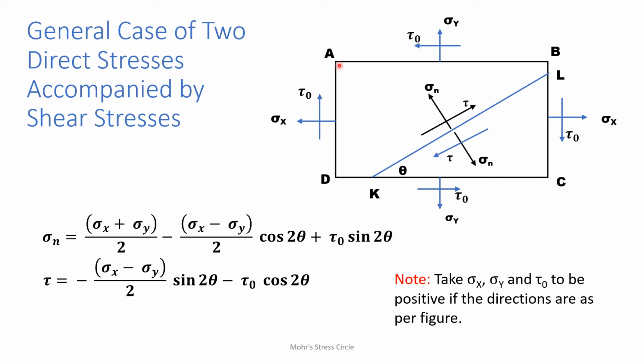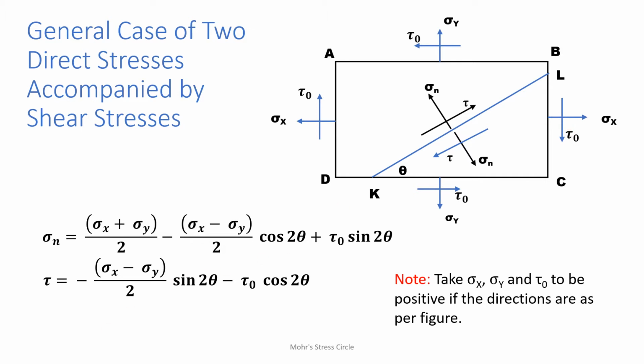As discussed, for a point diagram ABCD under a biaxial stress system, we have direct stress along the x-axis sigma x, along the y-axis sigma y, and shear stress on the BC plane tau naught, positive because it makes a clockwise couple.